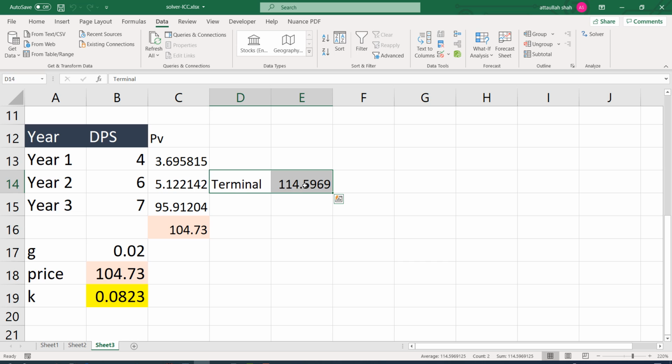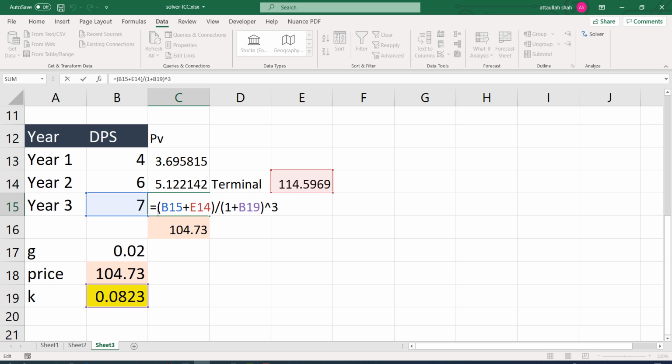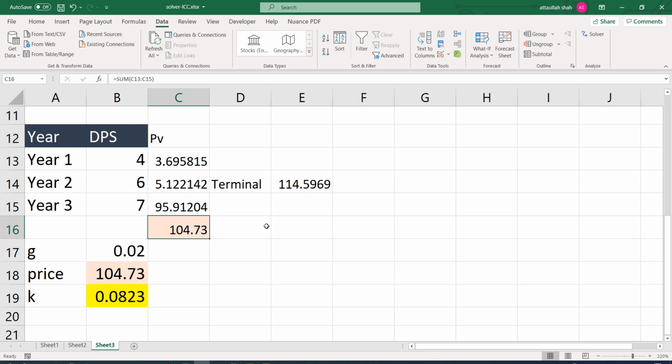So we started with finding the terminal value, and then we discounted all the cash flows individually, and in the third year we discounted both the cash flow and the terminal value on the third year factor, and then we just simply summed all the present values. Now in the Excel solver, our objective was to get this value equal to the share price.